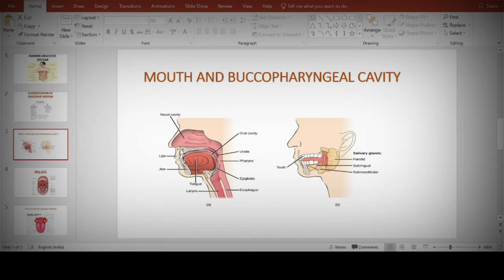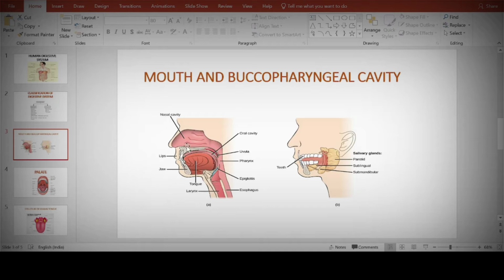We will learn this too in detail, but in the context of NEET, it is not very relevant to you, so I won't go very deep. Just for info, you can have an idea of this orbicularis oris.